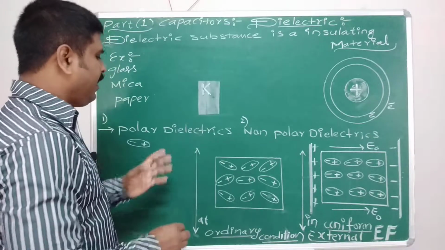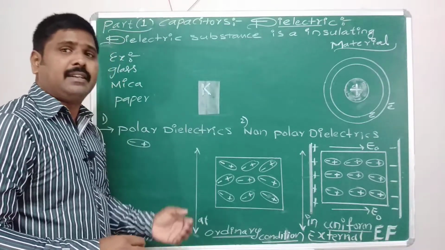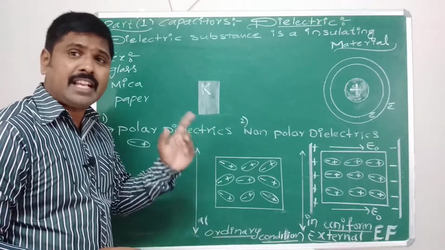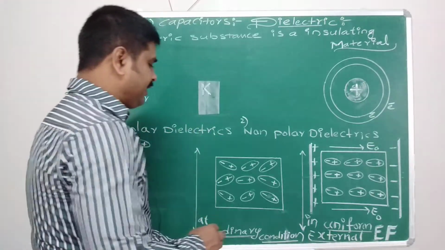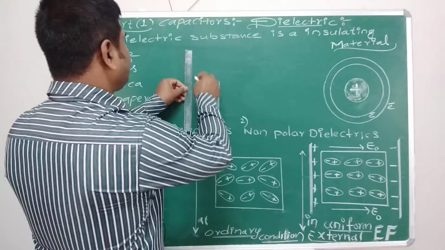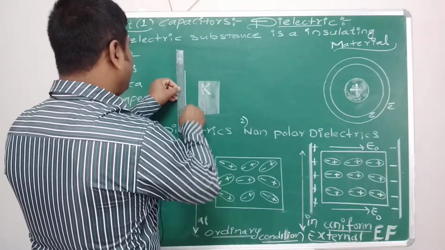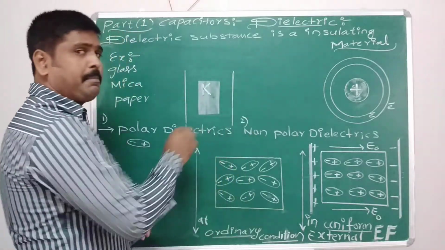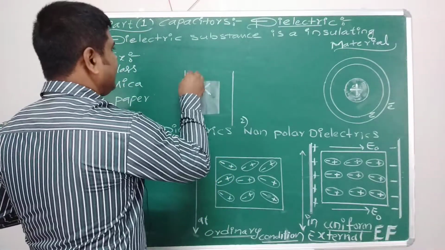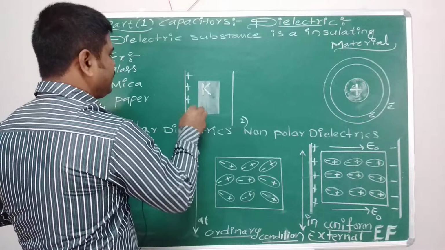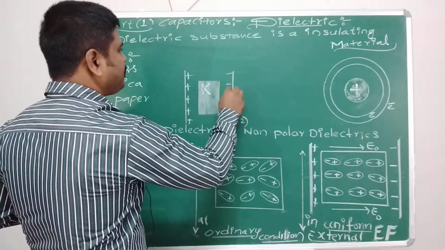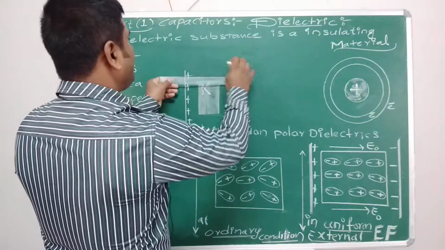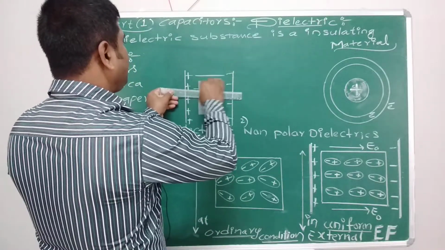Now, a dielectric substance does not conduct any current, but it can transmit the electric field. This is the dielectric substance placed between the parallel plates. Like a parallel plate capacitor, this is the positively charged plate and this is the negatively charged plate. The electric field is from the positive charge to the negative charge.